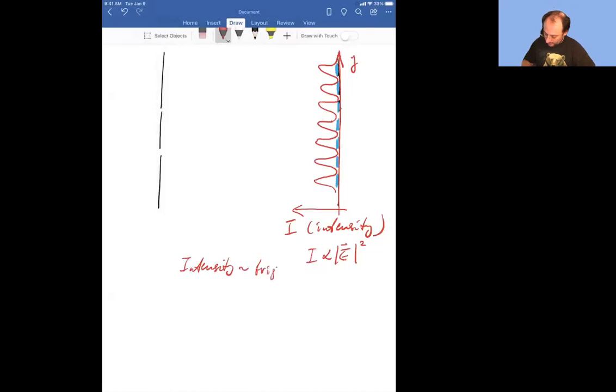So what I'm plotting here is brightness as a function of location on the screen. This is a language that we use to describe the double slit interference experiment. This is supposed to be a perfectly periodic sine squared function. It's very hard to do that on iPad, but you get my intention.